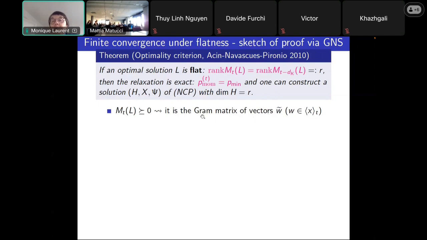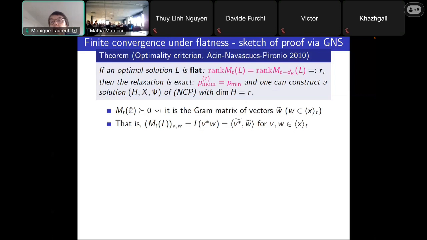This moment matrix is indexed by words w in the variables x_1 up to x_n, and these words have degree at most t.